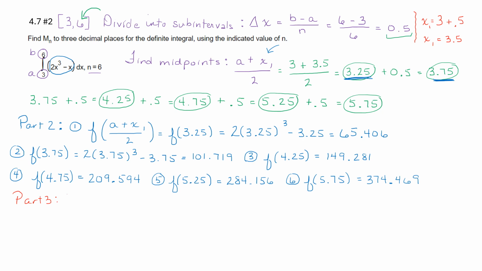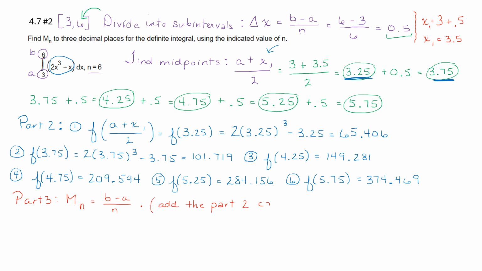And so to find M sub n, that equals B minus A over n times, and instead of writing it all out, I'm going to just say add the part 2 calculations.